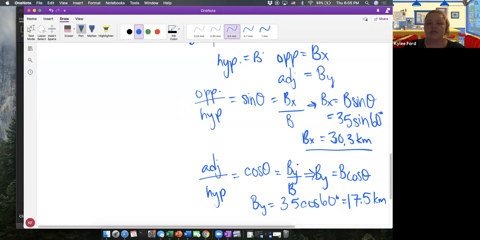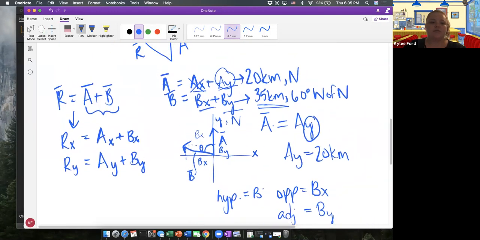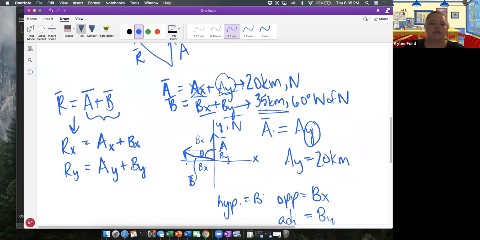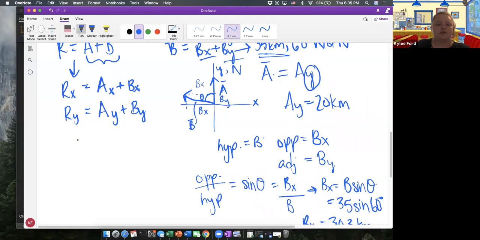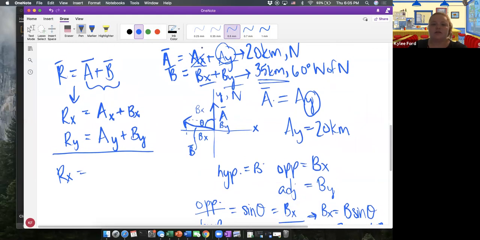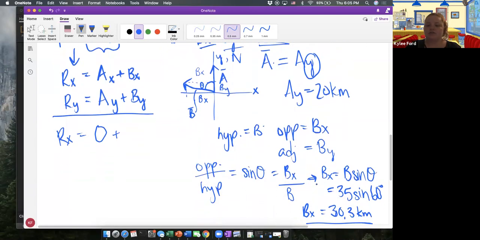So now what we'll do is go back up to our resultant vector and figure out each of these components. Starting with Rx, we go back up here and we see that there is no AX component, so that's just 0. And we do have a BX component we solved for as 30.3 kilometers. So our Rx component is 30.3 kilometers.